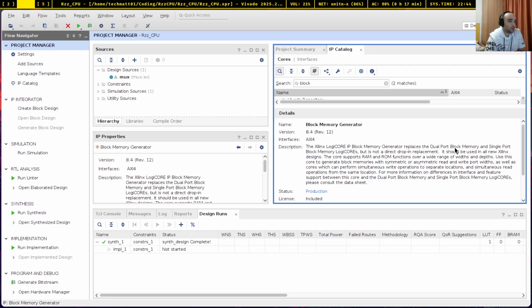Replaces the dual port block memory and single port block memory logic cores, but it's not a direct drop-in replacement. Should be used in all new Xilinx designs. RAM and ROM functions over a wide range of widths and depths. Use this core to generate block memories with symmetric or asymmetric read and write port widths, as well as cores which can perform simultaneous write operations to separate locations and simultaneous read operations from the same location.